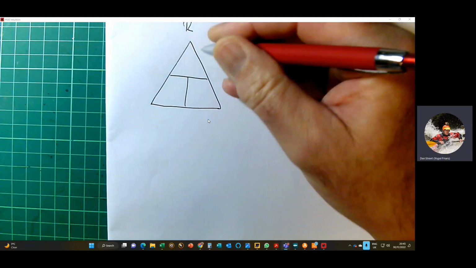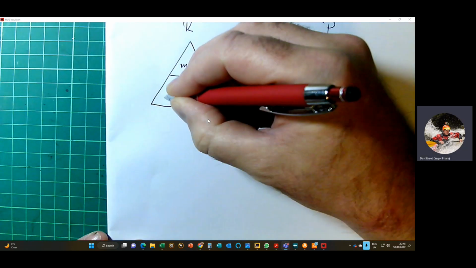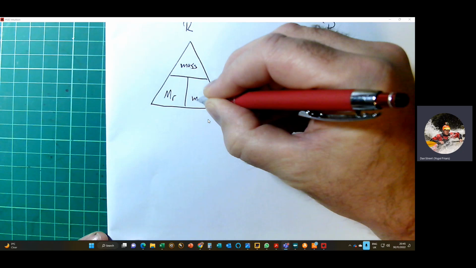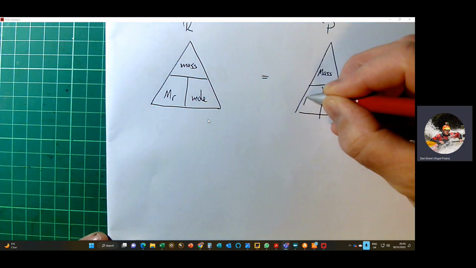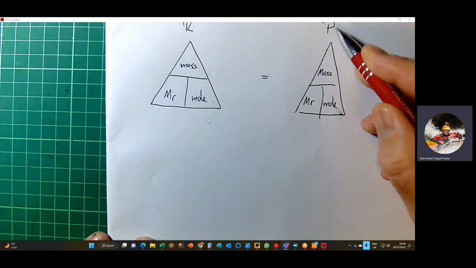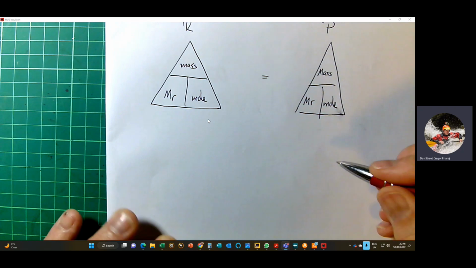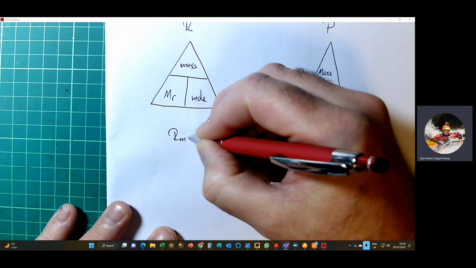And as we've seen before, you've got your mass, you've got your MR, and you've got your moles, and then you've got mass, MR, and moles.